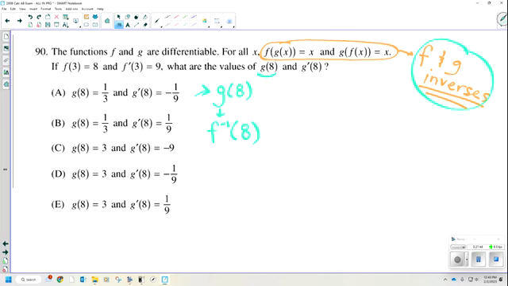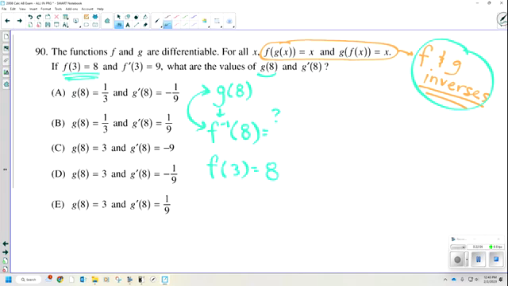These are the same things, because g is the inverse of f. So what is this? This is actually rather simple. If I want to find the inverse of f, I got to go back to the original function f. Not inverse, but the original f. They give us f of 3 is 8.